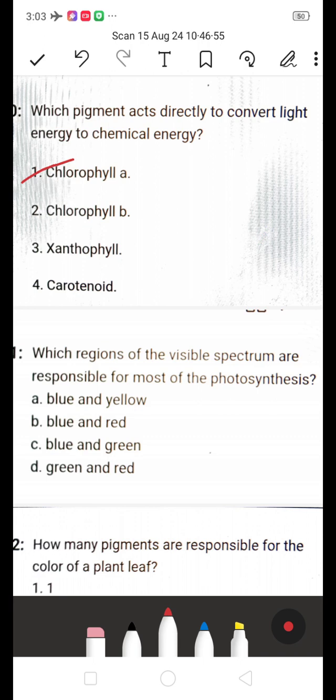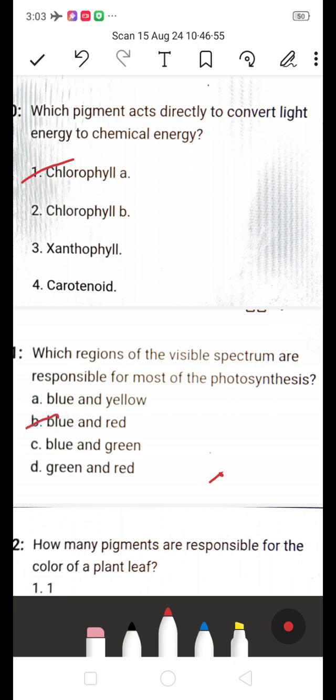Next, which regions of the visible spectrum are responsible for most of photosynthesis? Blue and yellow, blue and red, or blue, green and red? Which is the right option? The answer is A. Sorry, it's blue and red.